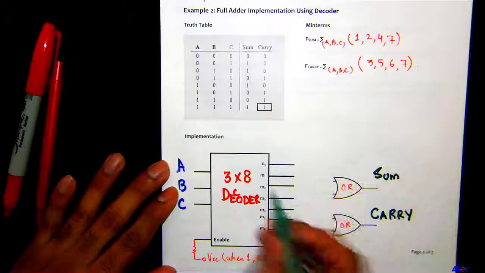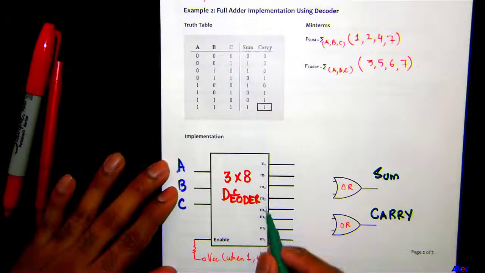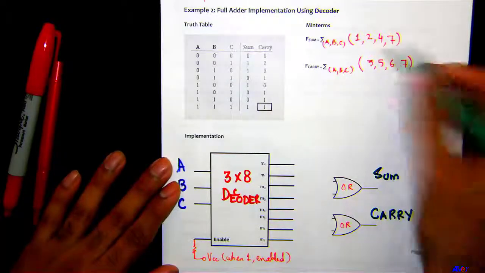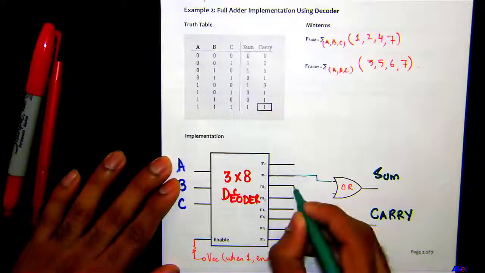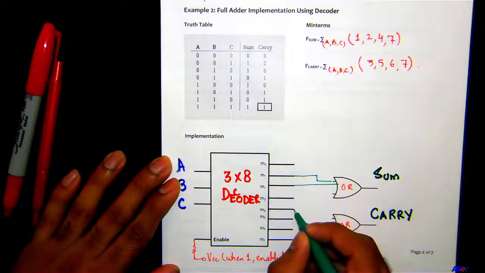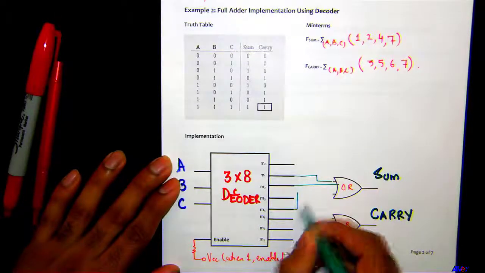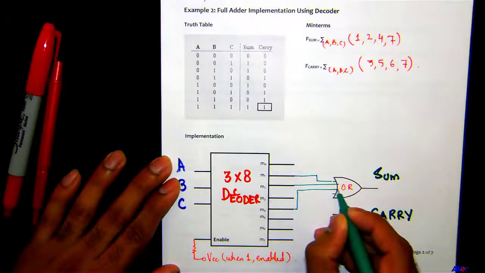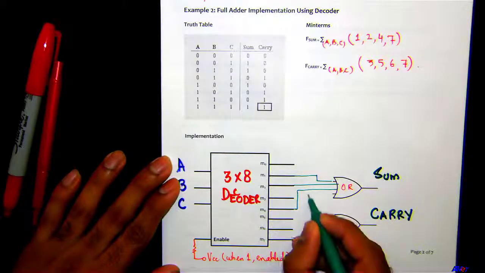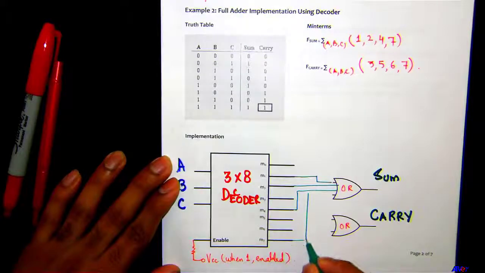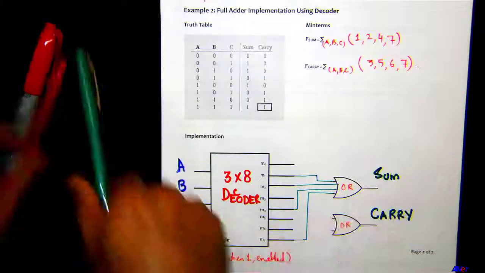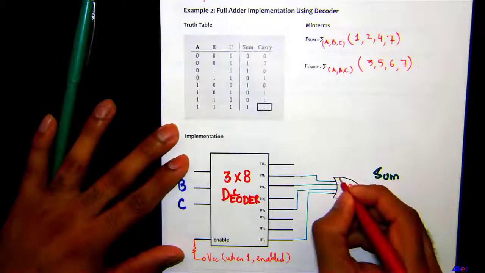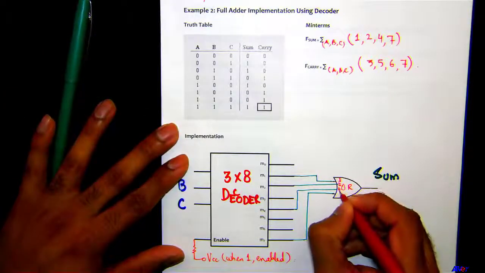M0, M1, M2, M3, M4, M5, M6, M7. So these are all the outputs. So 1 goes here, 2 goes here, 4 goes here, and then 7 goes here also. So I got 1, 2, 4, and 7.